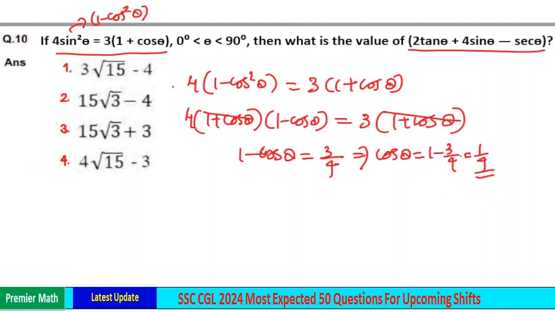If cos theta is 1 by 4, then draw a right angle triangle. Here this is theta, then cos theta is 1 by 4 means adjacent side by hypotenuse are in the ratio 1:4. Now opposite side will be equal to root of 4 square minus 1, that is root 15.